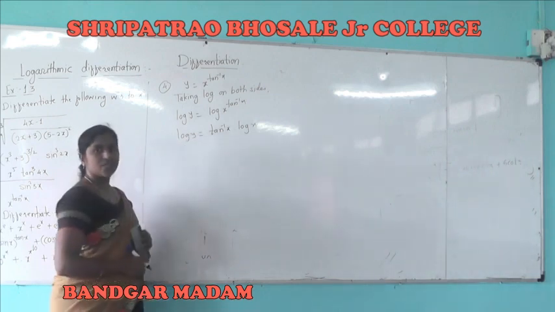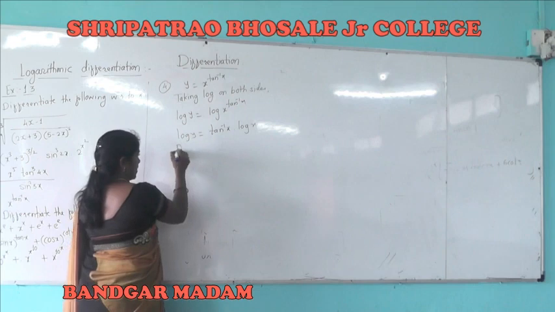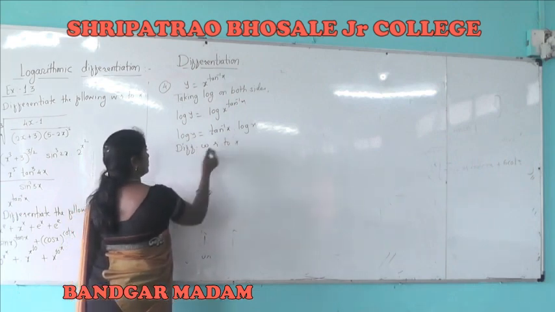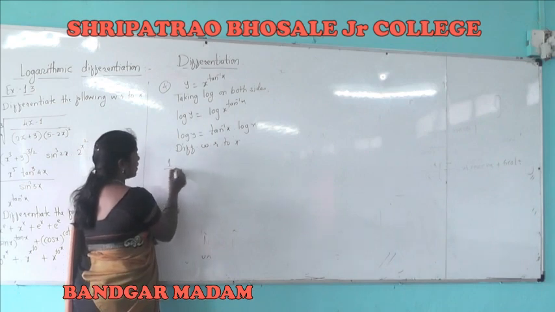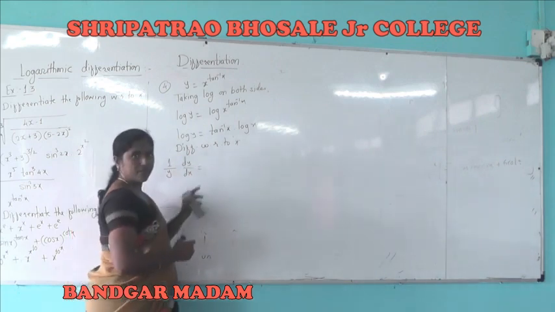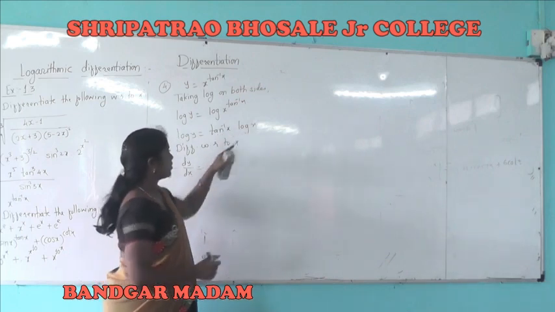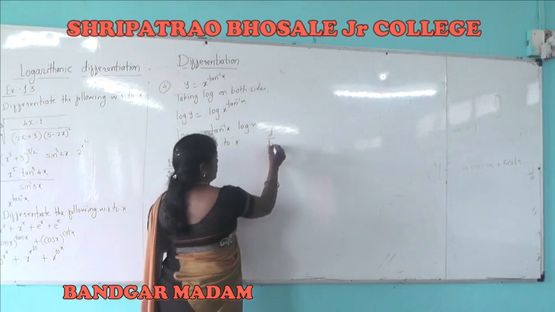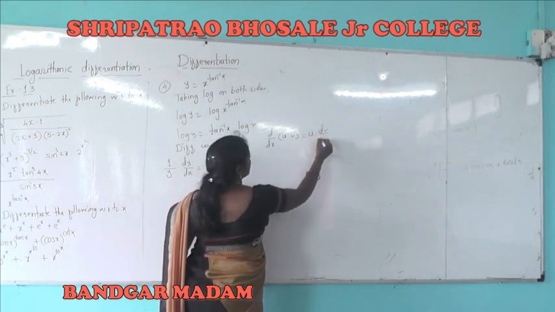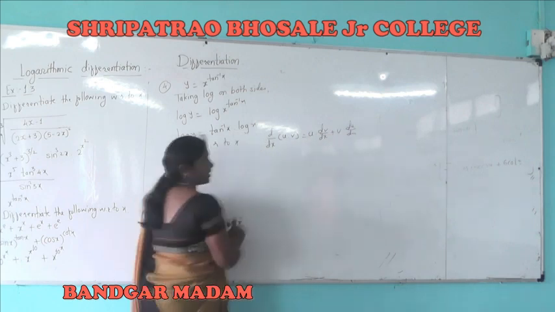Now we can differentiate this with respect to x to get dy by dx. So differentiating with respect to x, we get the derivative of log y, 1 by y dy by dx, is equal to the derivative of tan inverse x into log x using the product rule: d by dx of u into v is u into dv by dx plus v into du by dx.